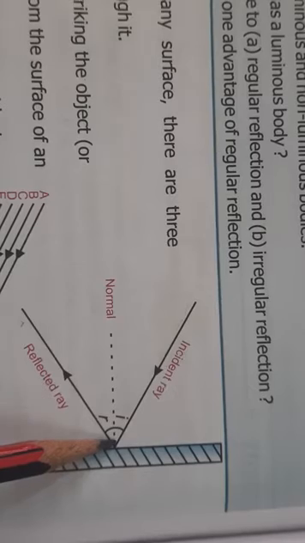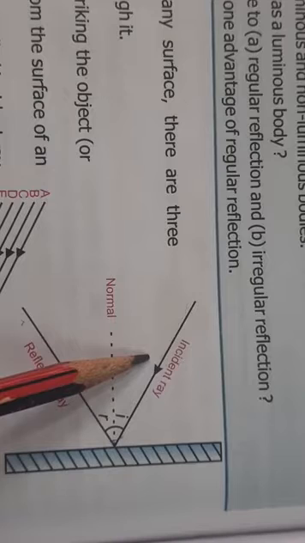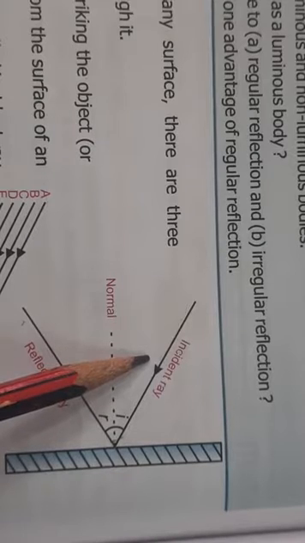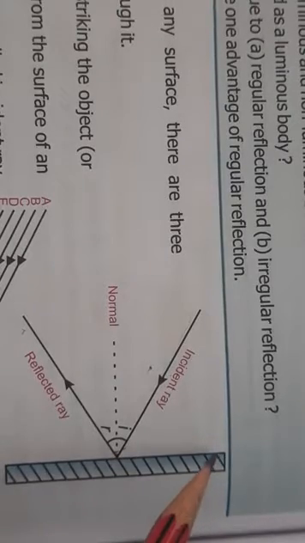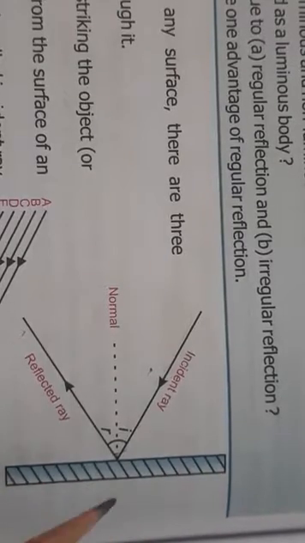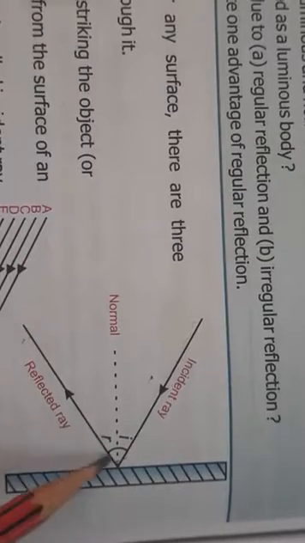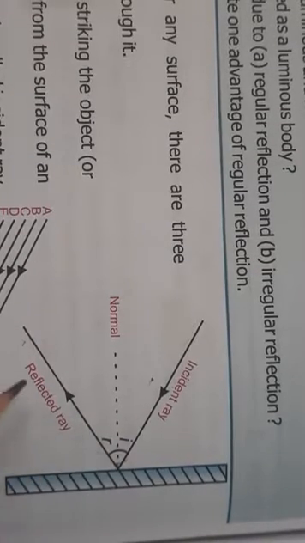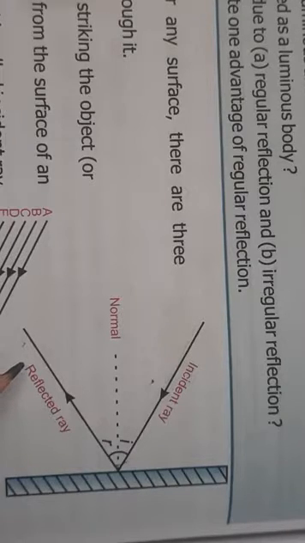So the ray of light which falls on an object is called the incident ray. And then this incident ray comes and hits any surface and gets bounced back, or it gets reflected. So when it gets reflected, this ray is called the reflected ray of light.